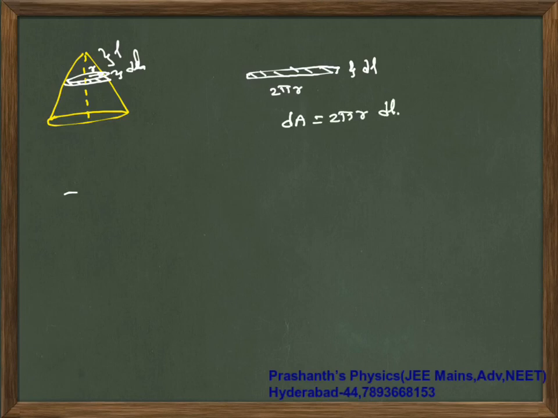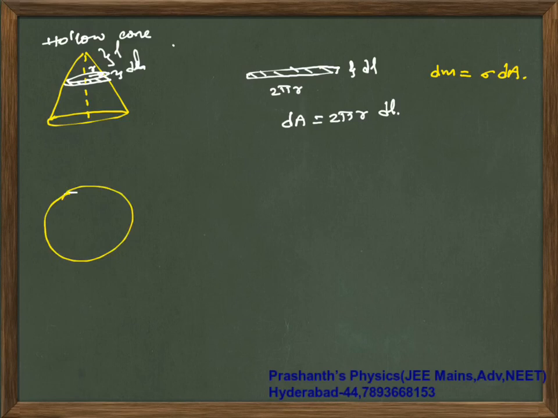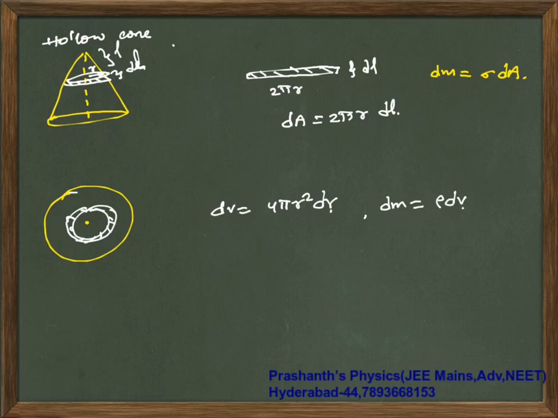This is for a hollow cone. If it is a solid cone, volume will be involved. Your mass here, dm, is equal to sigma times dA. And where spheres are involved, you take a small strip somewhere here, and your small volume dV is 4 pi r square into dr, and your mass dm will be rho times dV.